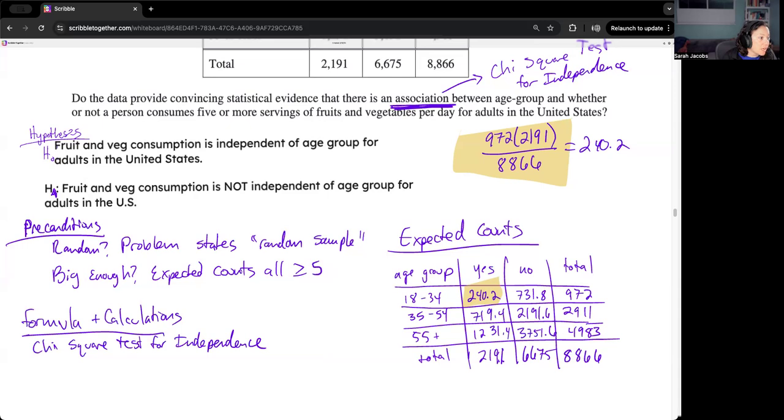And then we have to calculate our test statistic and p-value. So I'm just going to check the scoring guide real quick. So step 3, we have to correctly calculate the two components, and it doesn't say.